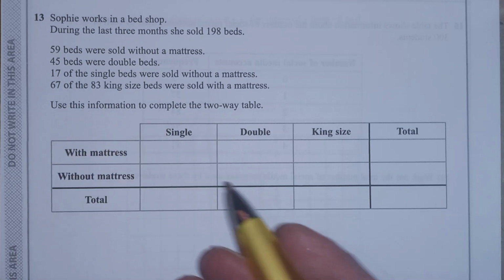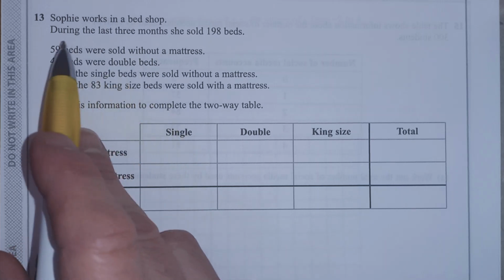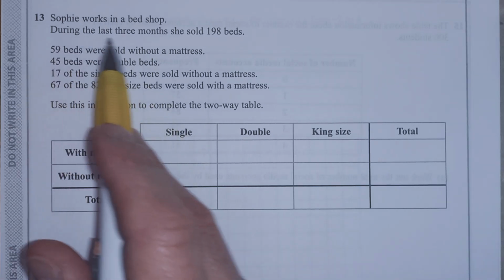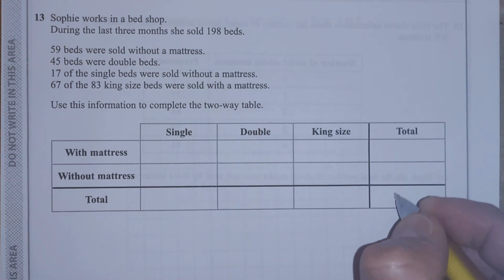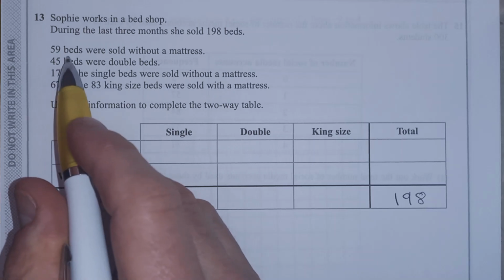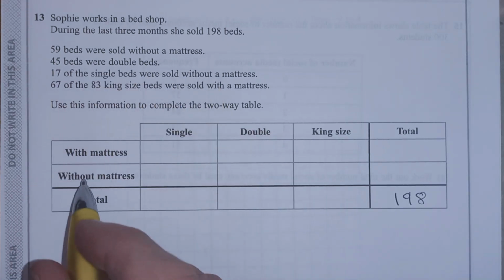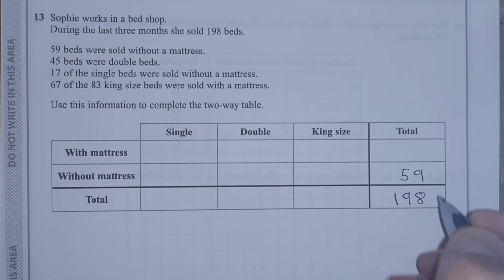We just start with the information and see how we can fit it into the table, and then see if we've got any gaps missing that we need to work out. So the first thing they tell us, during the last 3 months, she sold 198 beds. So that's our total. 59 beds were sold without a mattress, so without mattress, total of 59.